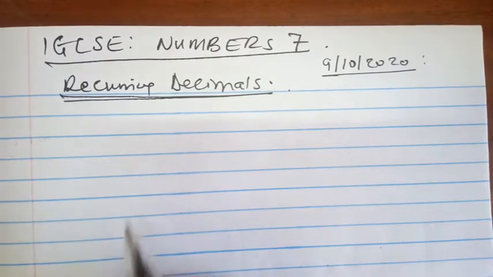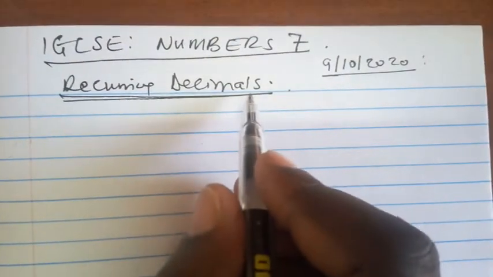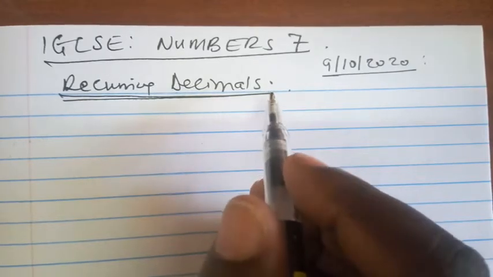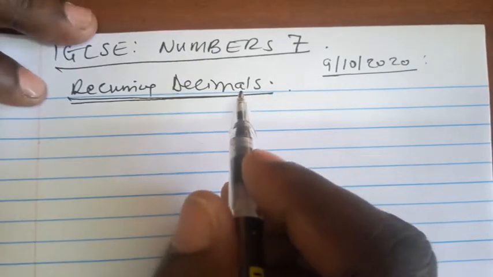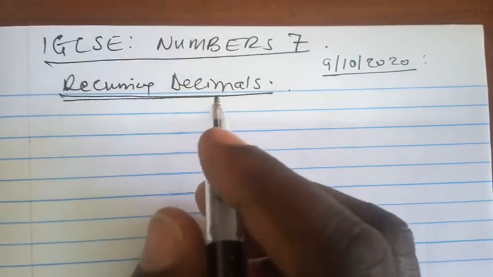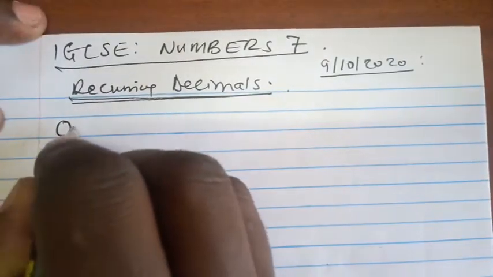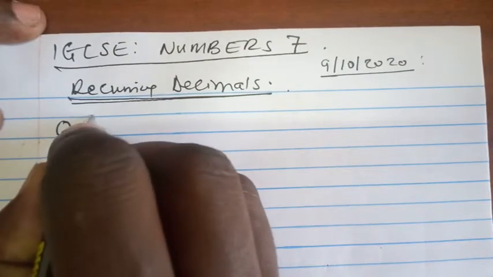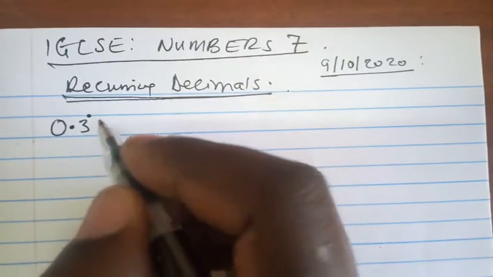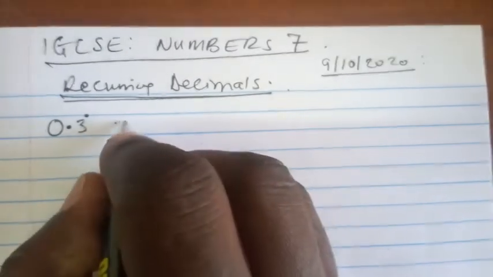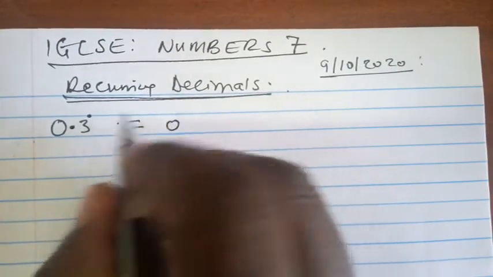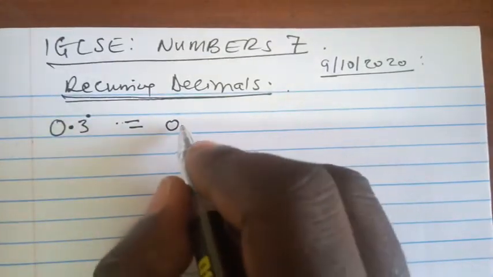I want to discuss something to do with recurring decimals today. What you need to understand is that recurring decimals, especially when we write 0.3 and there's a dot on top of the 3, this basically means the 3 itself is the one which recurs.